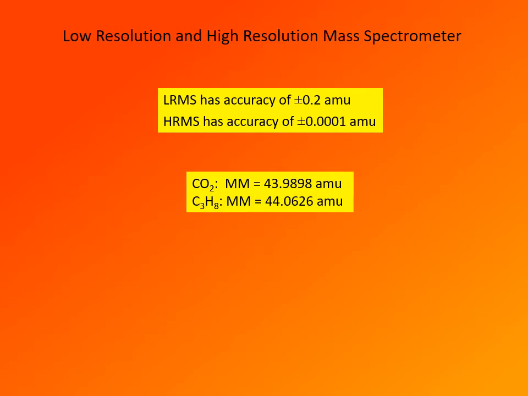While propane has 3 atoms of carbon and 8 atoms of hydrogen. And so the combination of the most abundant isotopes of carbon-12 and hydrogen-protium gives a molecular mass of 44.0626 atomic mass units. And while a low-resolution mass spectrometer cannot distinguish between the two, high-resolution easily distinguishes between the two.